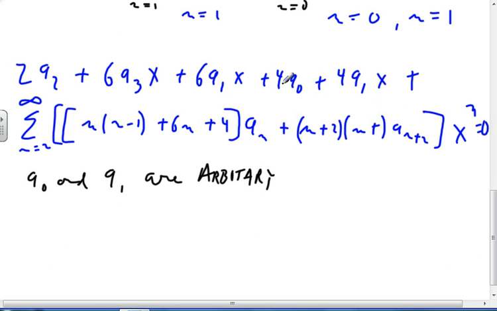Now I look at the unit term here, and I see that 2a2 plus 4a0 has to be 0, which means a2 is equal to minus 2a0.